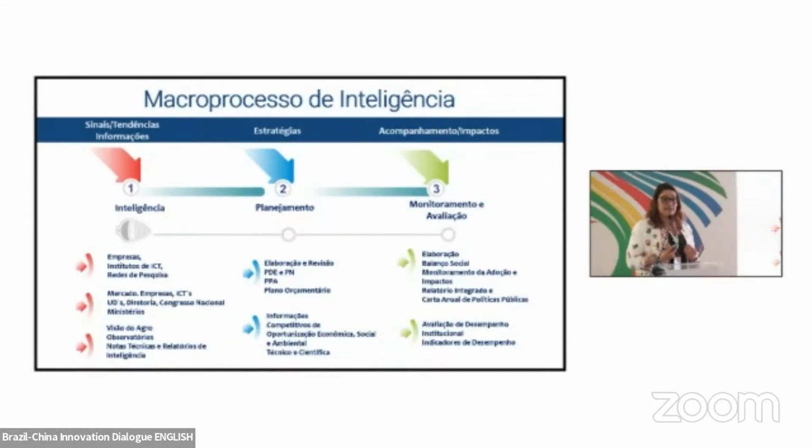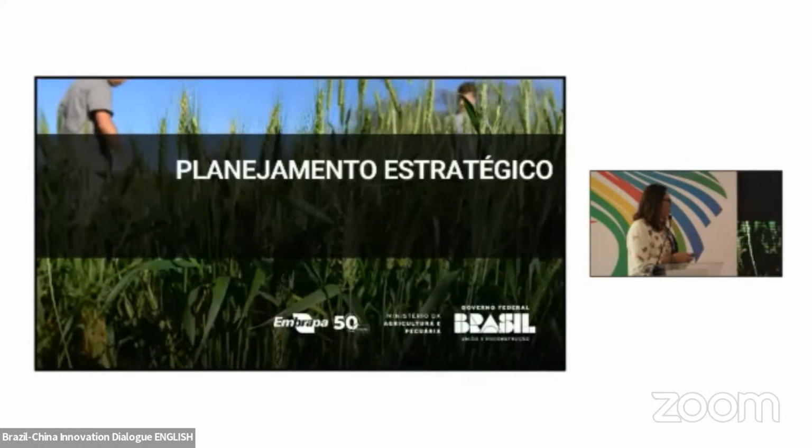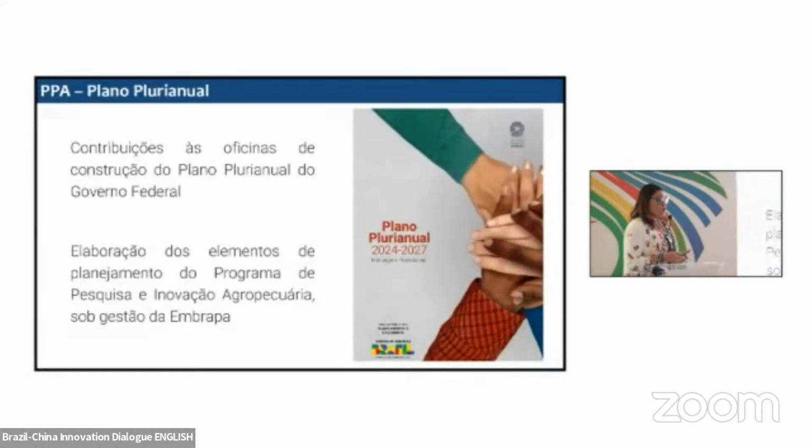The business plan is annual, and it gives communication to the society of what we're doing. So our strategic planning is a plan, the pluriannual plan, that facilitates our life.